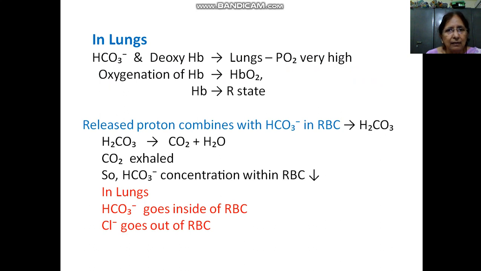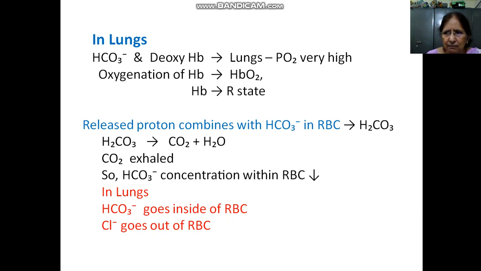In the lungs, you see what happens. PO2 is very high, oxygenation takes place, and bicarbonate from the tissues and deoxygenated hemoglobin come to the lungs, converted to the oxygenated state, that is the R state. Now what happens?